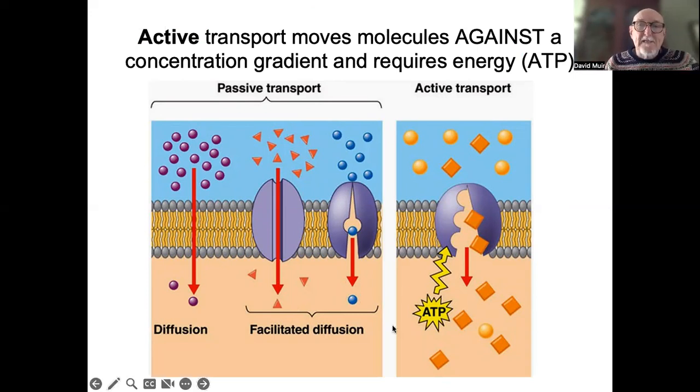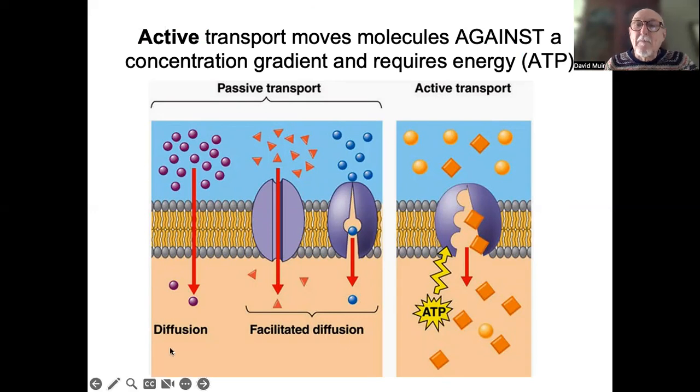In many cases, cells will want to move molecules in the opposite direction, to move molecules from an area of low concentration to an area of high concentration.